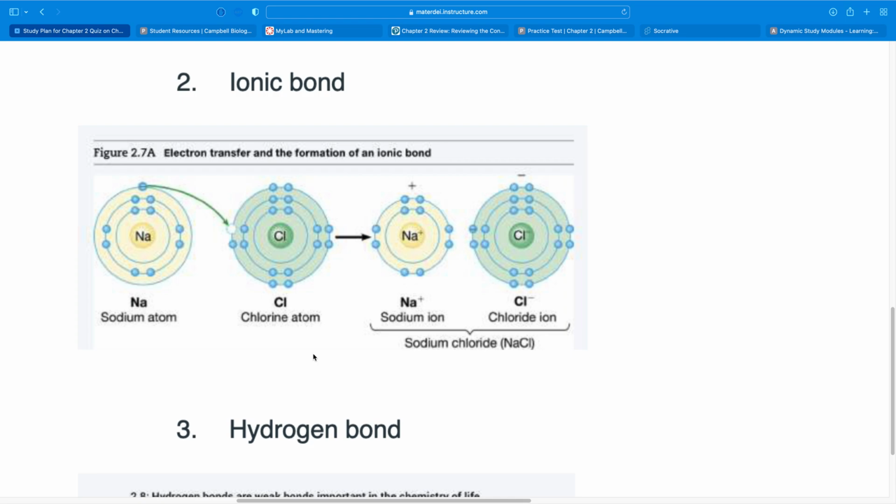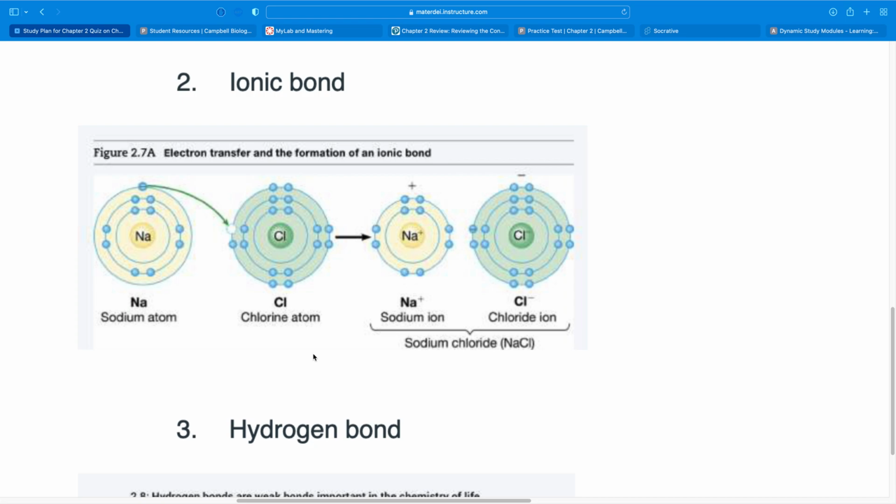Now you have an imbalance of protons and electrons because aren't atoms neutral to begin with? So sodium has 11 protons and 11 electrons. When it loses this 11th one, now it has 1 more proton than electron. That's why it becomes positively charged. Chlorine, it has 17 protons and 17 electrons.